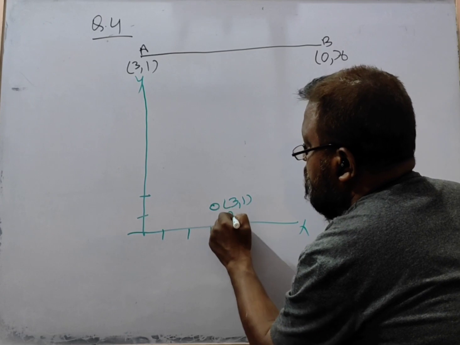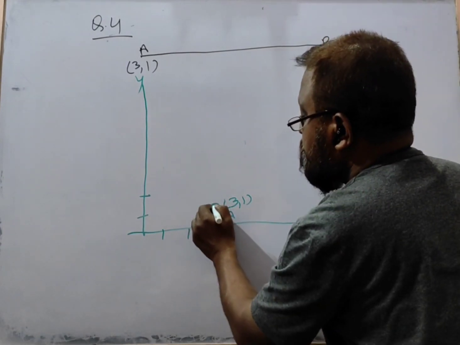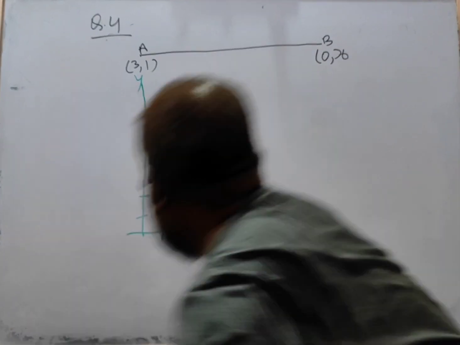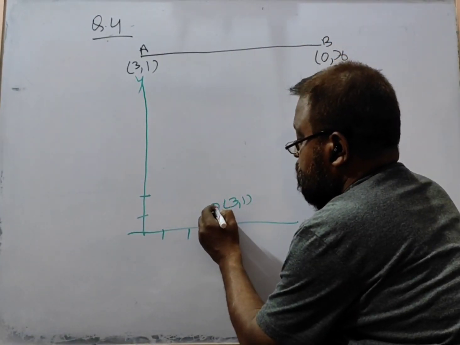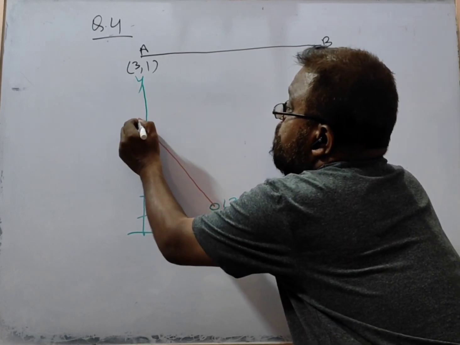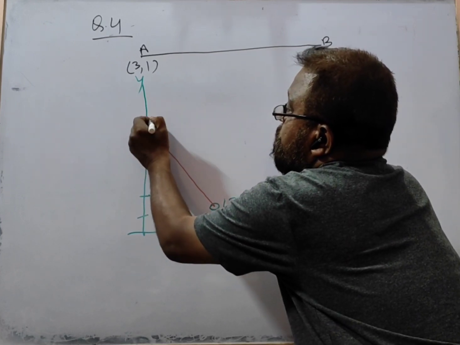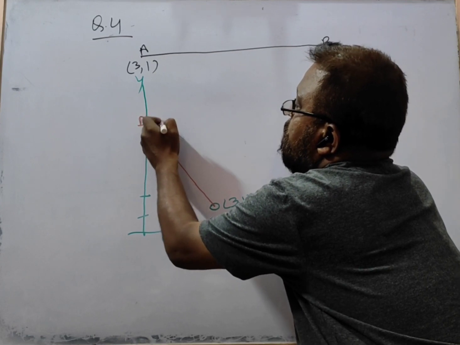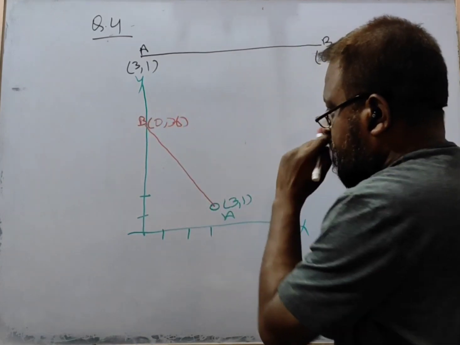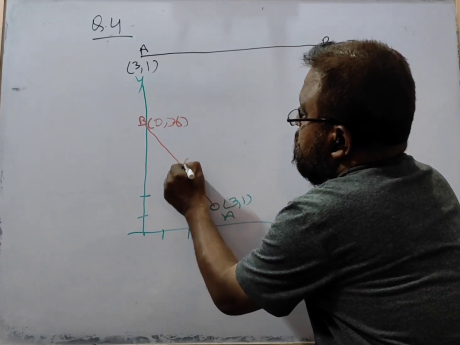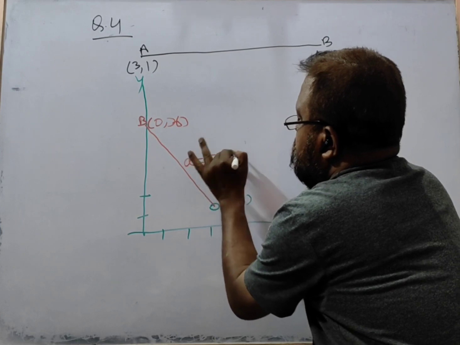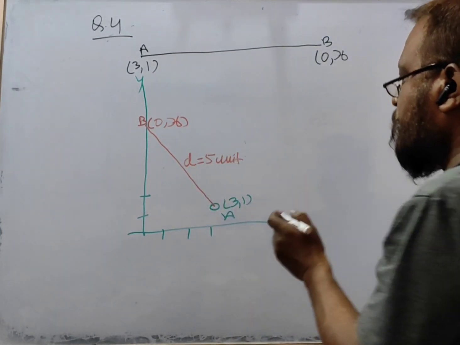This is point A. And we draw a line like this, which is intersecting the y axis. This is point B. So its coordinates are 0, x, right? And the distance is 5 units, right?